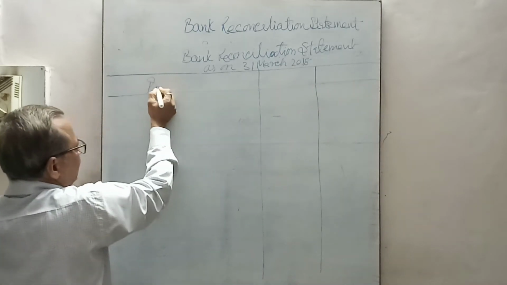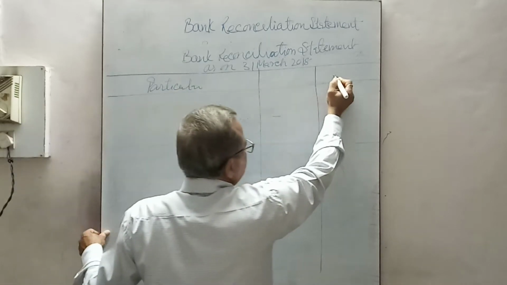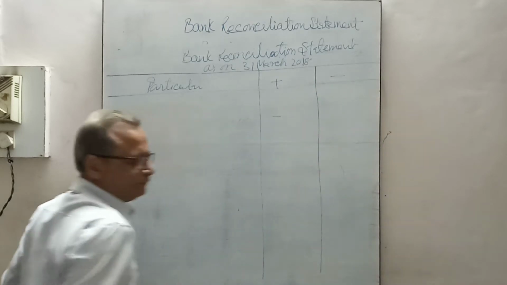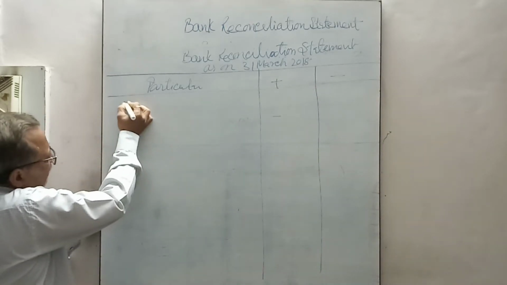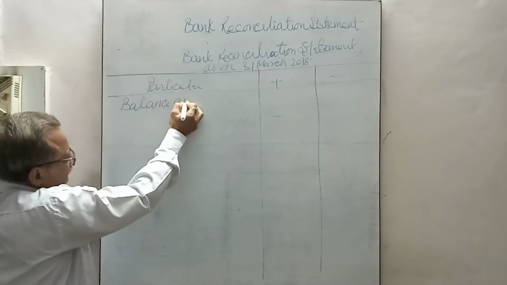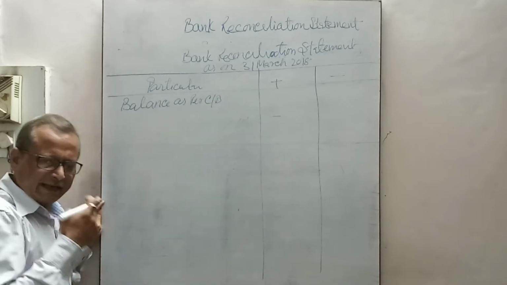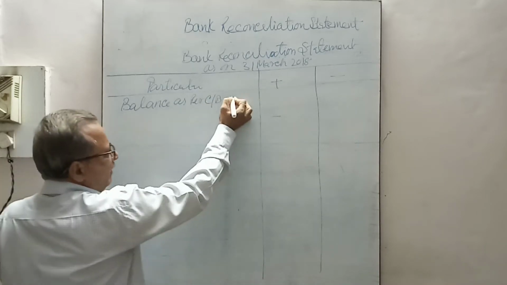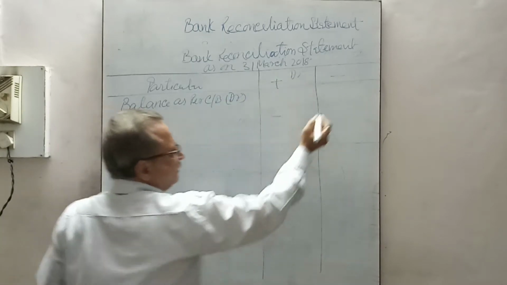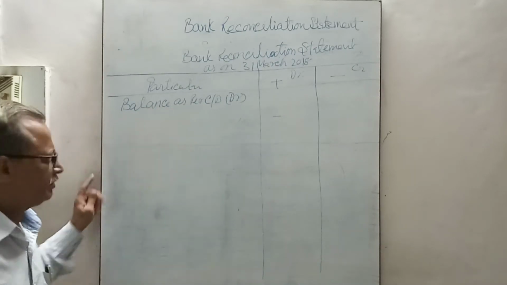Its particulars, its plus item, its minus item. Now see, if it is the balance as per cash book, balance as per cash book means favorable balance, that is debit balance, and debit is always positive, credit is negative. The same manner you do it.